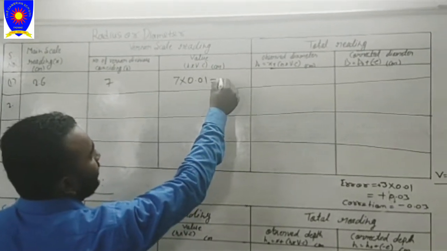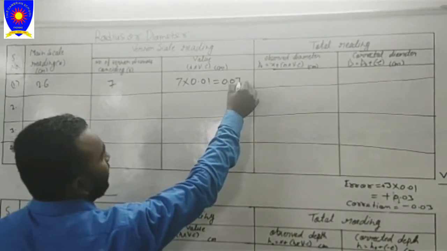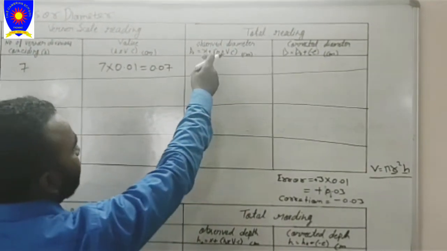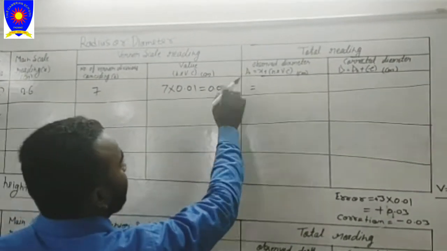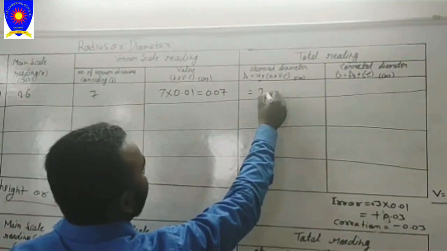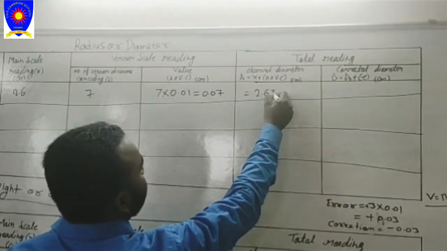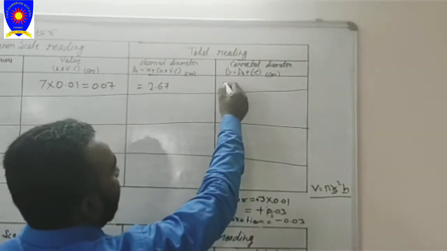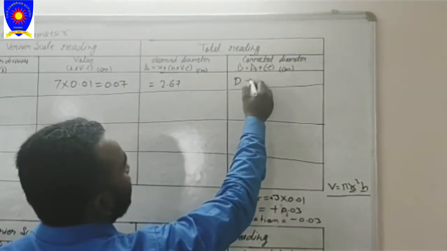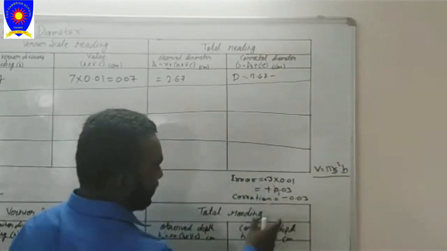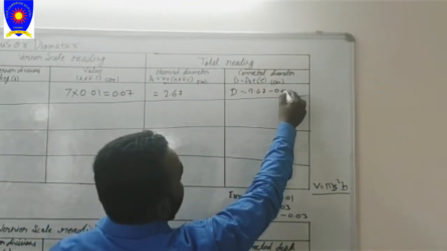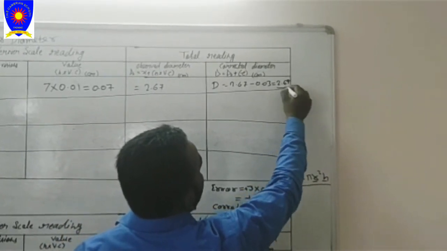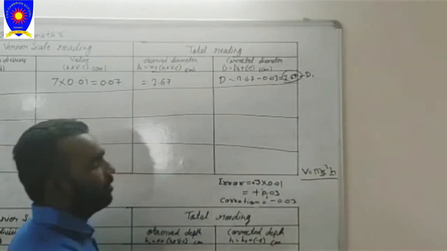It means that it will be 0.07. Now the observed value will be x, that is 2.6 plus 0.07, so it will be 2.67. Now the corrected diameter is capital D equal to 2.67 minus its error 0.03, so it will be 2.64. So this is diameter D1.